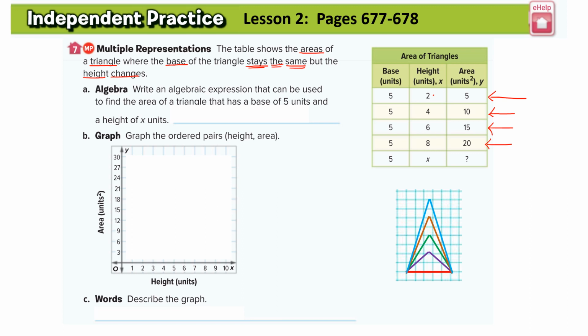Our question here is this. Write an algebraic expression that can be used to find the area of a triangle that has a base of 5 units and a height of x units.